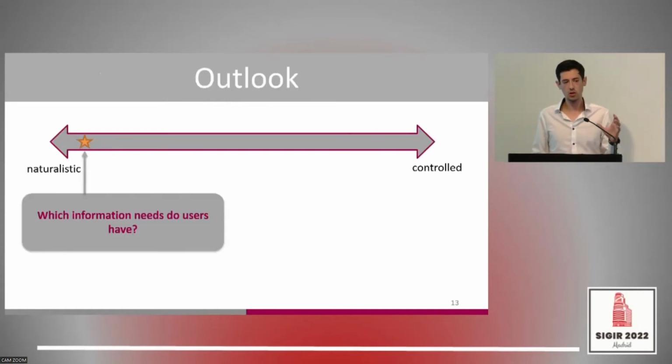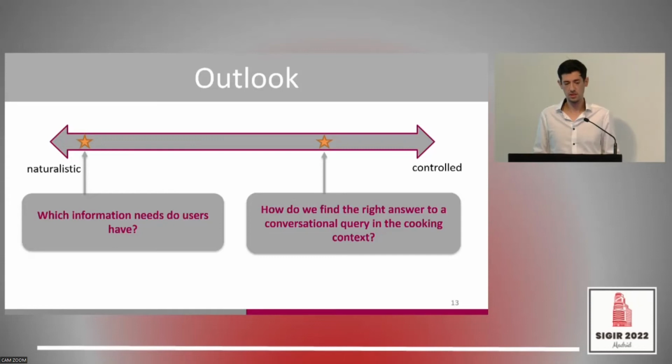This naturalistic corpus is great for understanding user information needs, but what if we want to scale things up and actually implement such systems? We need to get data, and the best case would be to have the linguistic features that this naturalistic corpus has and run experiments on this. So the next step for me will be: how do we find the right answer to a conversational query in the cooking context? That's the second part of my PhD now.